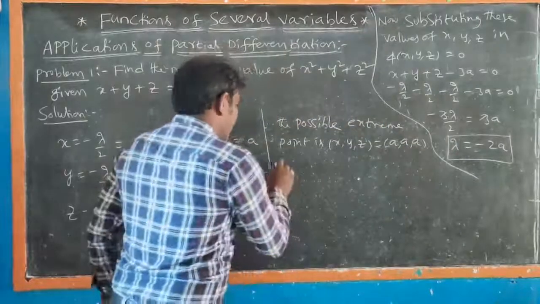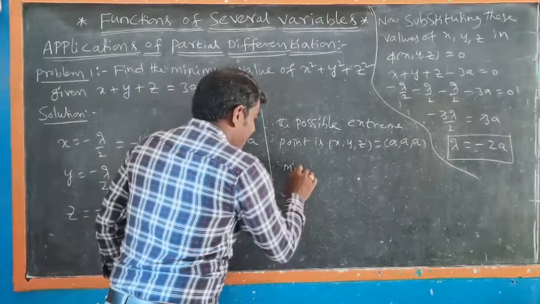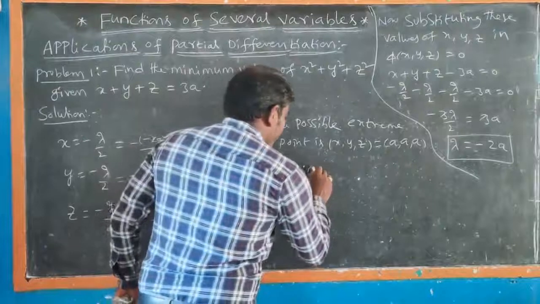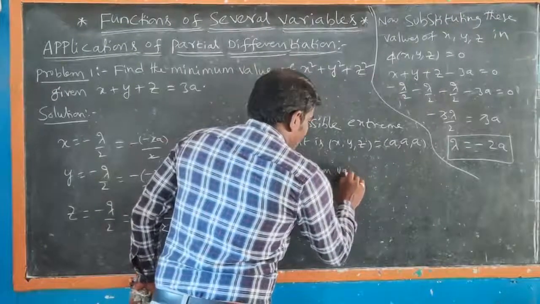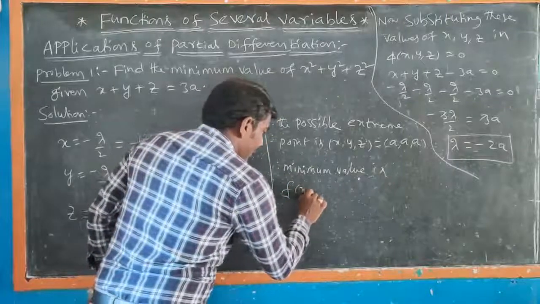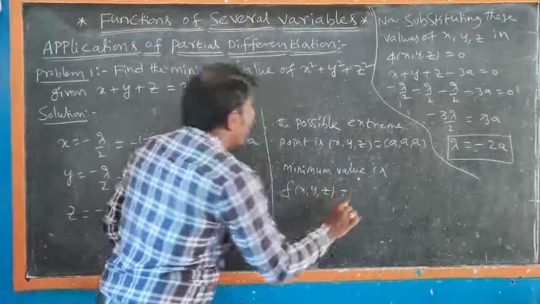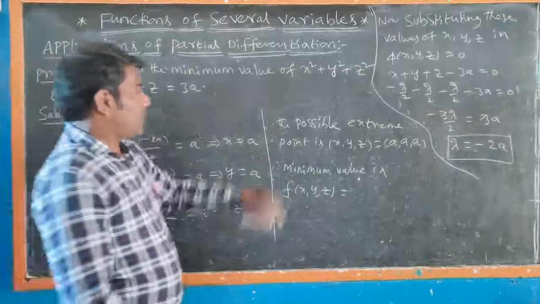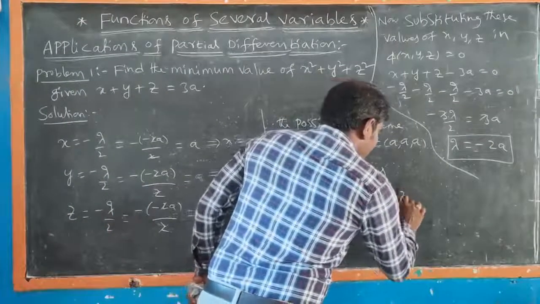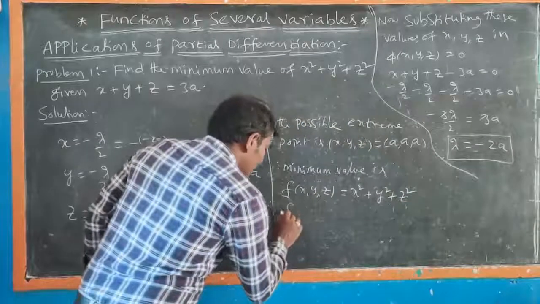Okay. Therefore the minimum value is f of x, y, z is equal to x square plus y square plus z square. So what is x? a.